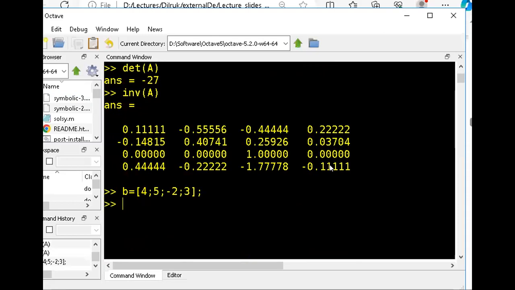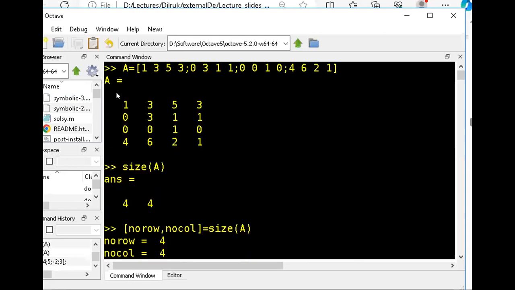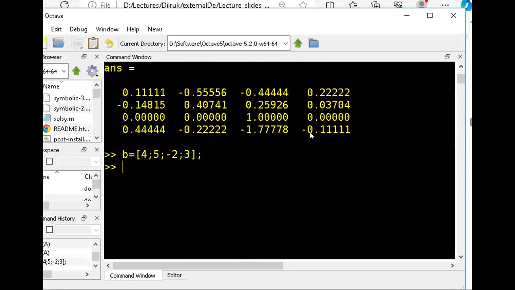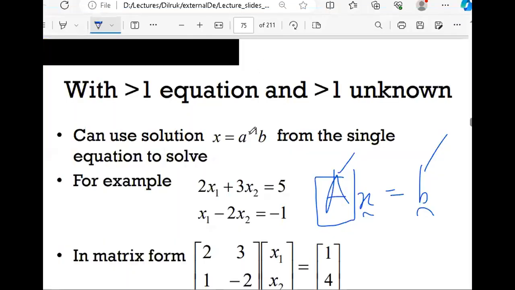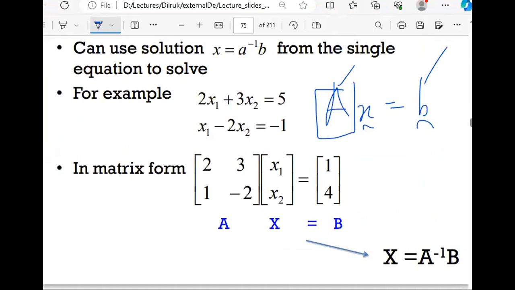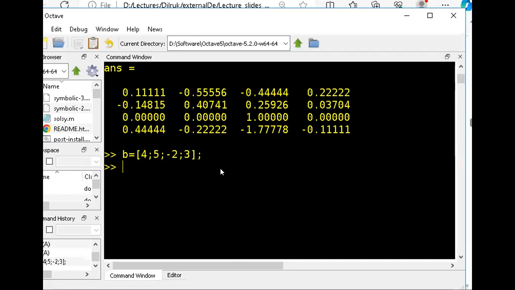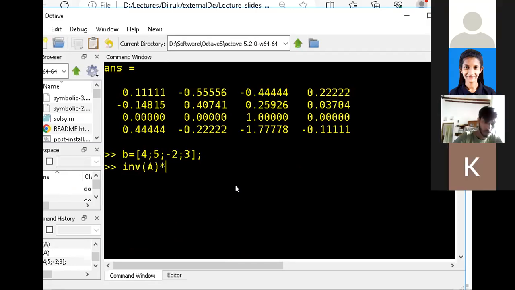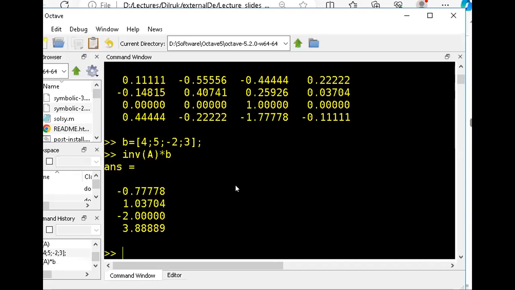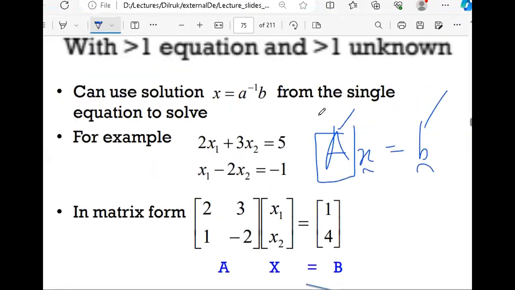So let's press. Because A inverse exists, the solution would be A inverse times B. Because it is full rank and the rows are linearly independent, like that you have a single solution.